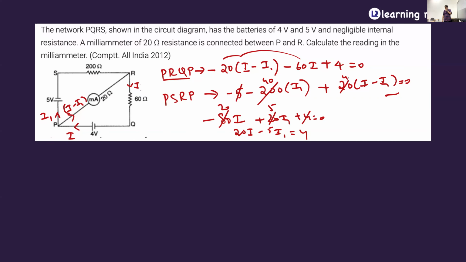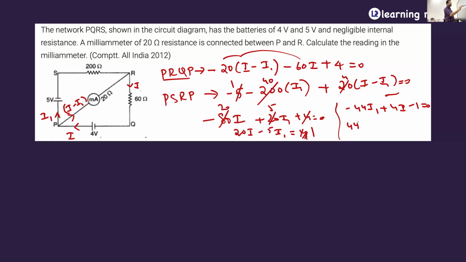That's 20I minus 5I is equal to 1, no? 1. Okay. So here it is 1. Minus 40I1 plus 4I1. 44I1. So you have minus 44I1 plus 4I minus 1 is equal to 0.